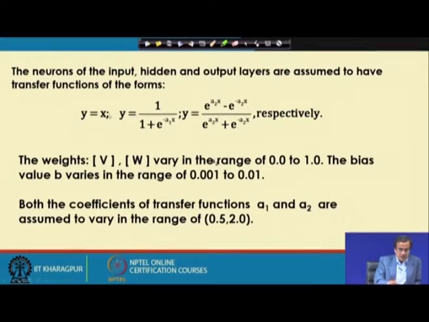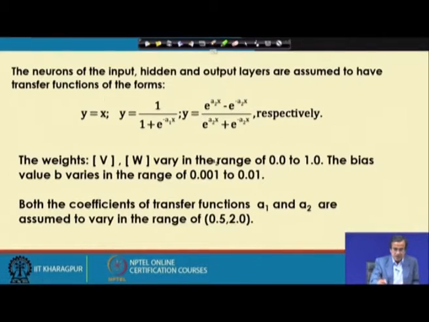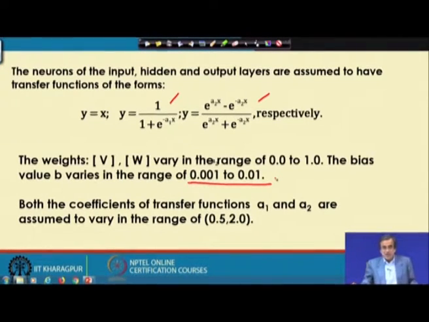As I told, on the input layer we have the linear transfer function, on the hidden layer the log sigmoid, and on the output layer the tan sigmoid transfer function. The connecting weights V and W lie in the range of 0.0 to 1.0, and the bias value we are varying in the range of 0.001 to 0.01. So, this is the range for the bias value B, and these are the ranges for the connecting weights.